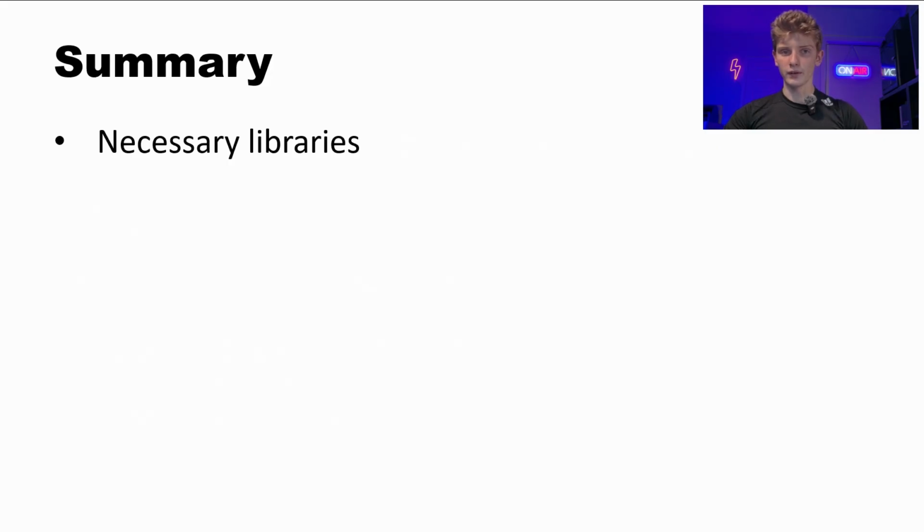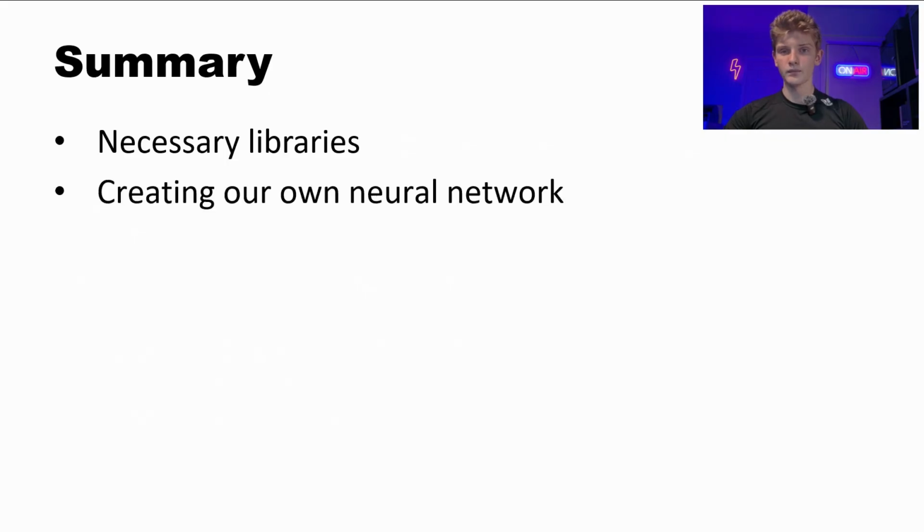We specifically covered the PyTorch library. We saw how we could create our own neural network. Again, we used this nn module, and we saw how we could define the layers of our neural network, as well as how our input should pass through those layers, and how we could define our own nonlinear activation functions for the layers.